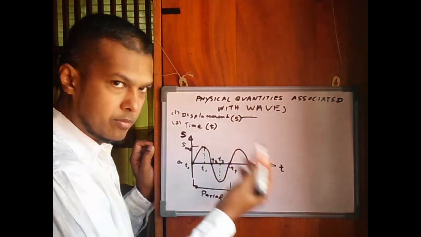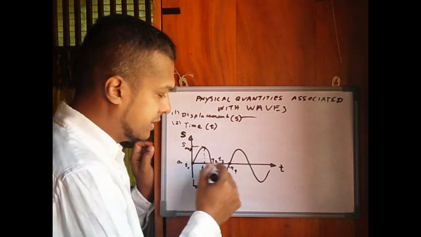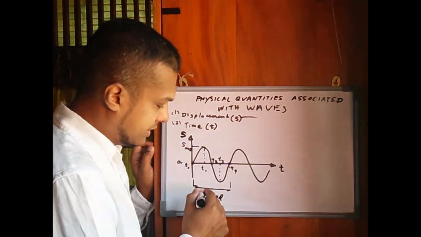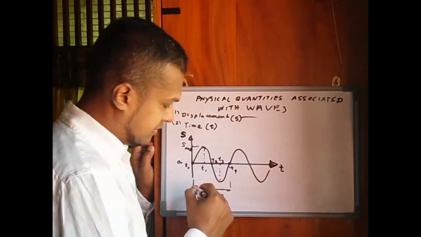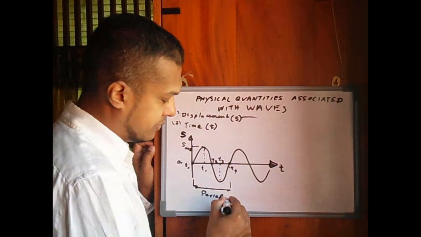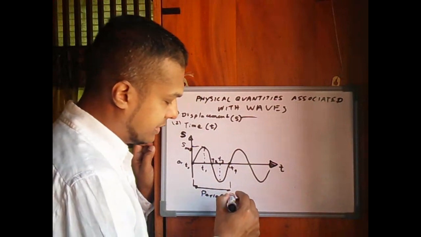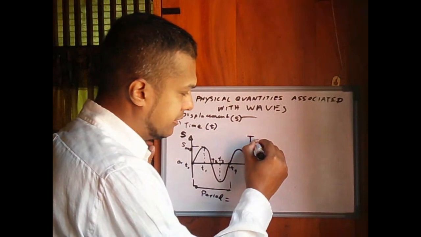If you draw a normal wave without these parameters, it will be a wavelength, but in this case, because it's a time axis, it's a period. We put a capital T for period.